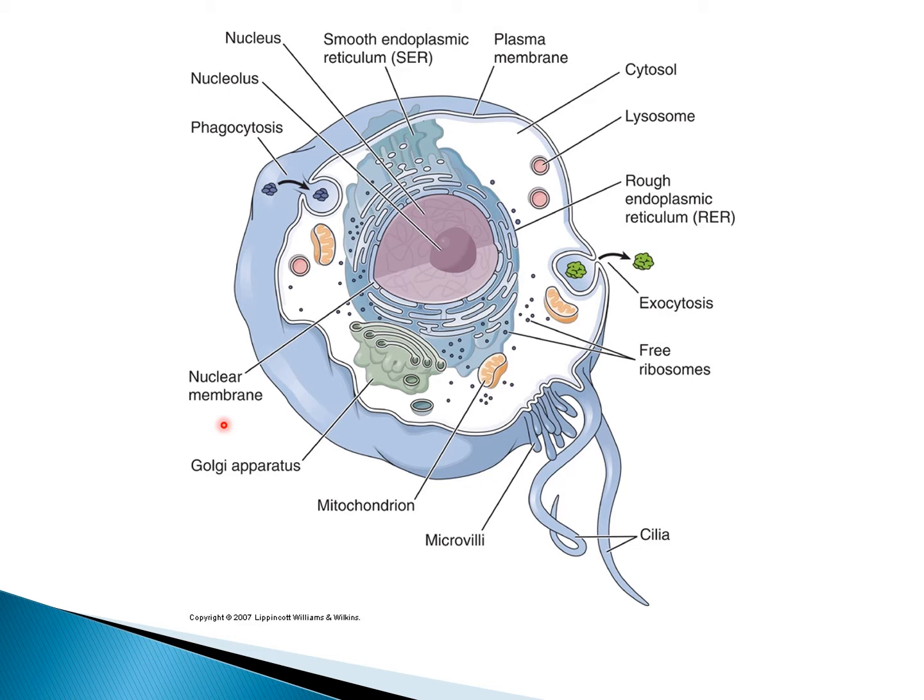Now, the intracellular compartment of each cell is kept within a normal range, and it is highly regulated, so it remains constant. This is what we call homeostasis.